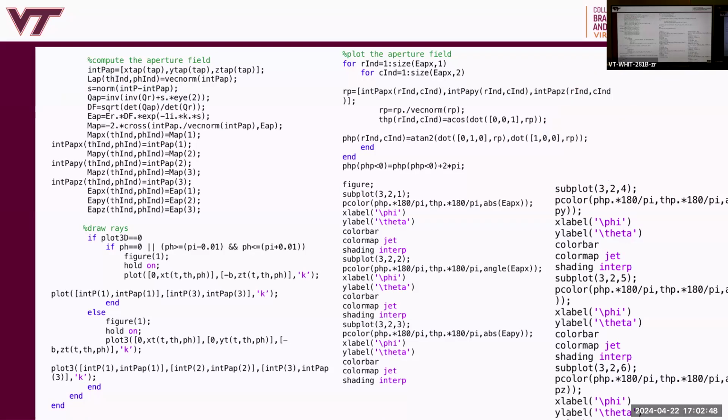Okay. Now we propagate the Q matrix from the reflection point, Q reflected, to the Q aperture, which means we use the formula where it's the inverse of the Q matrix plus S multiplied by the identity matrix. I don't know if you guys remember that formula. Let me go find that for you, how to propagate a Q matrix.